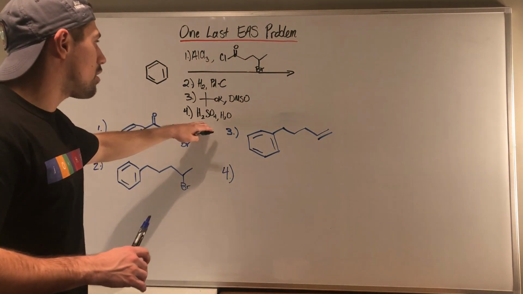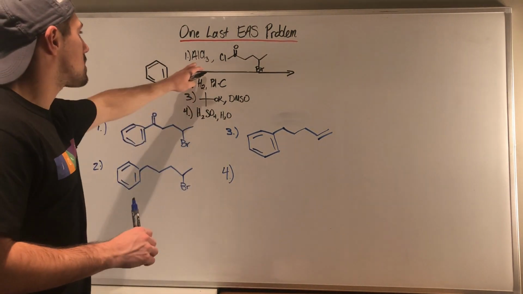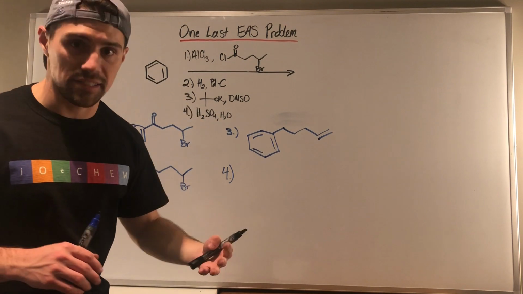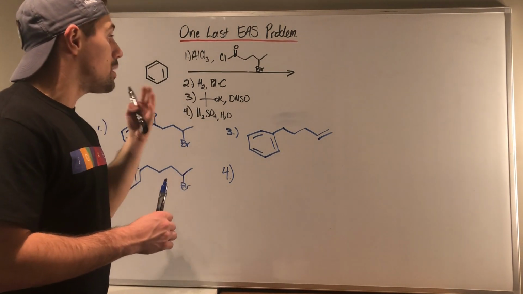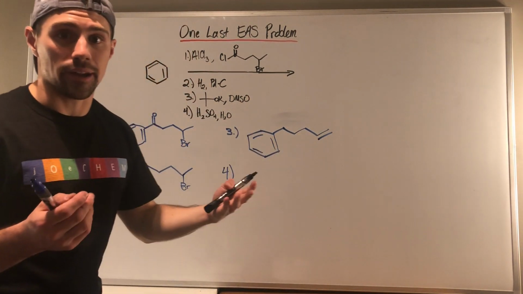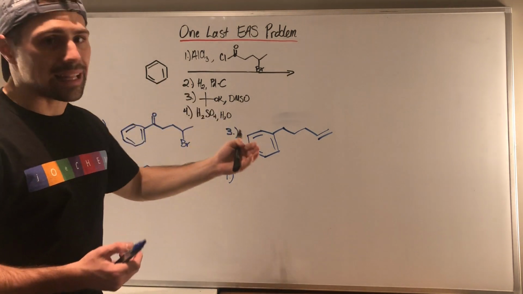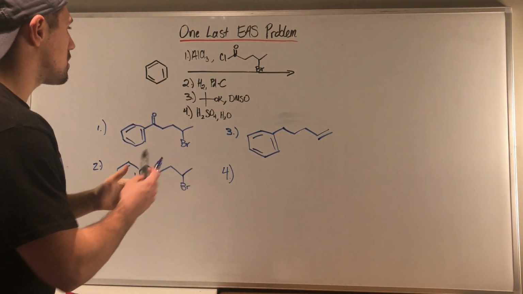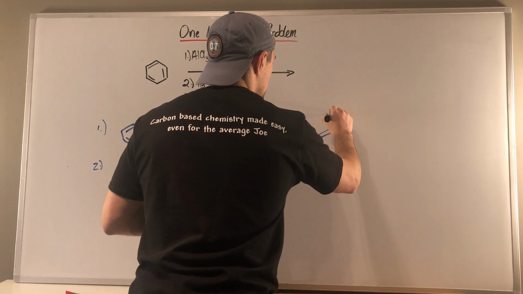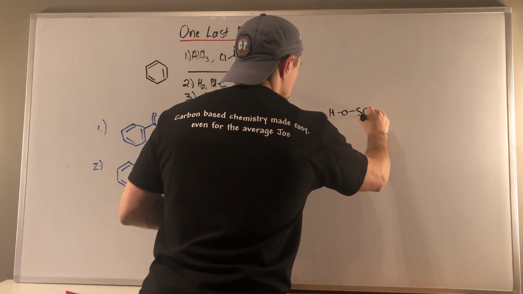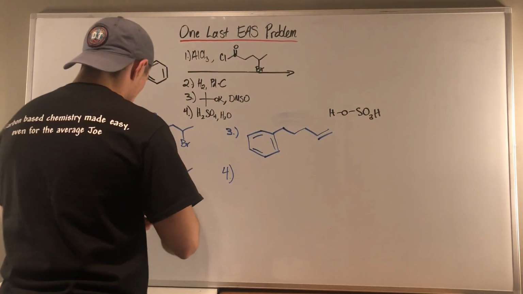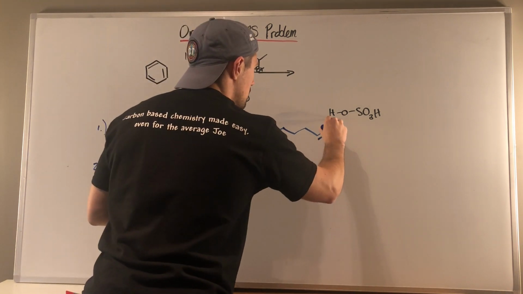Because this step doesn't involve any of the catalysts that we've been using to work with the bonds inside benzene, right? So we do have one double bond that's outside the ring. So why don't we just try protonating that and see what happens? So I'm going to go ahead and draw sulfuric acid. Let's see what happens if I protonate this.